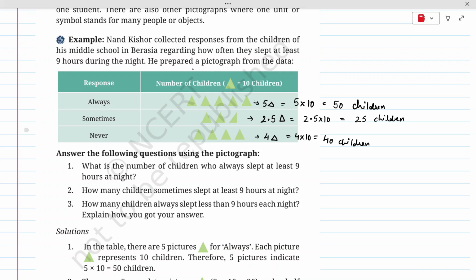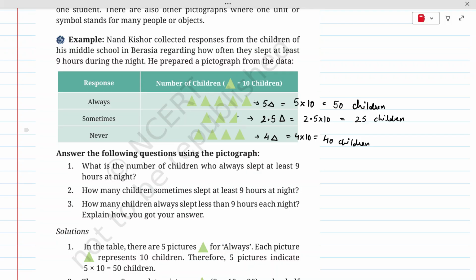Again, here one triangle is representing 10 children. So when we go through this table, the response always goes for 1, 2, 3, 4, 5 triangles. Since one triangle is 10 children, 5 triangles means 5 multiplied by 10, that is 50. Similarly, for sometimes we have 2 and a half.